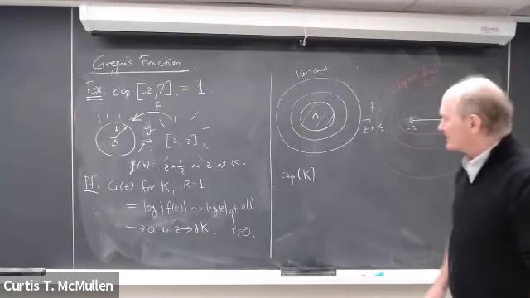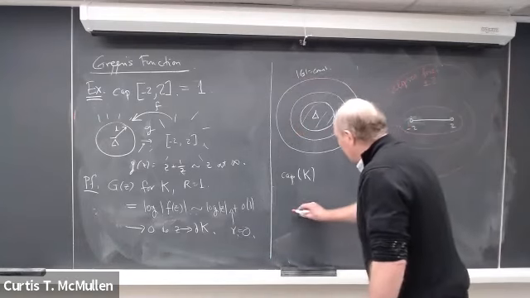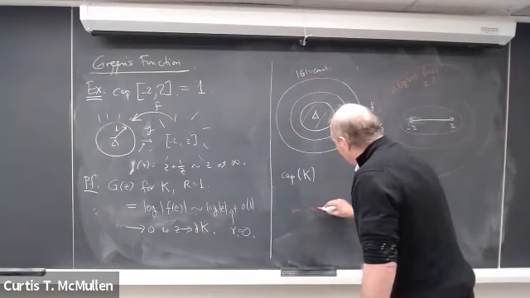But let me finesse that here by just saying that if we wanted to find the capacity of a set K we don't understand, say it's a Cantor set, so something fractal like this, what we do is we approximate it by a Jordan domain. So we write K in the following way.